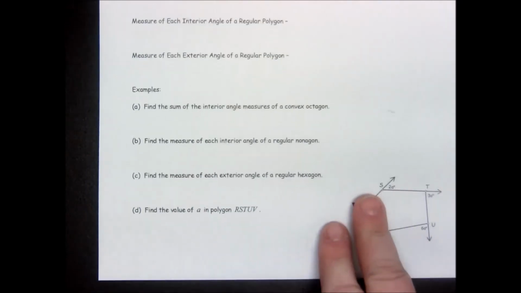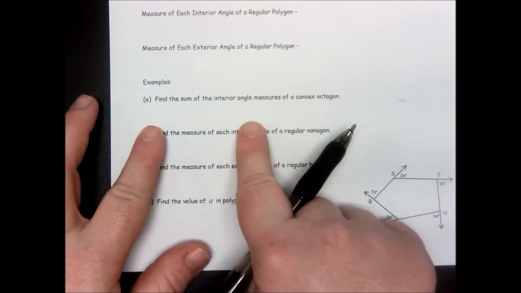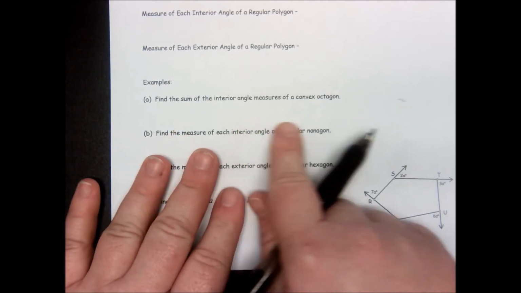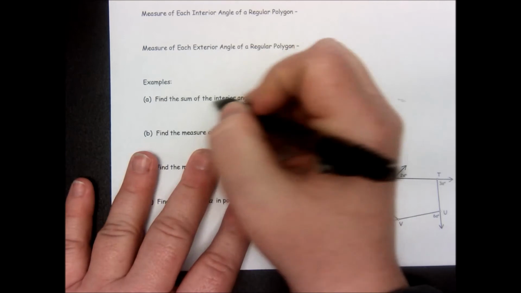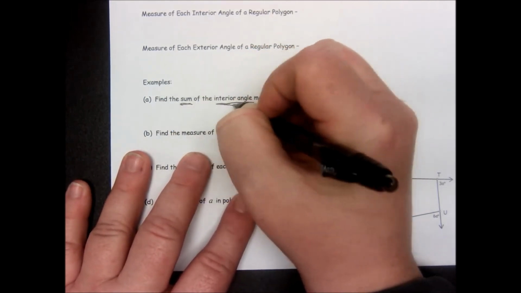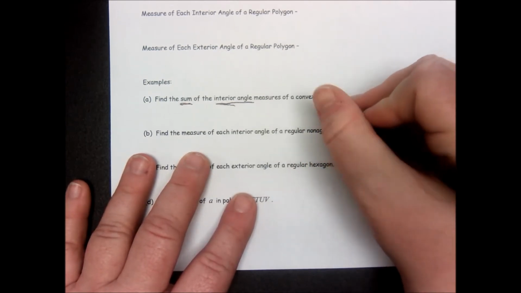So let's look at some examples. Example A says, find the sum of the interior angle measures of a convex octagon. So I'm finding the sum of the interior angles, and it's convex, which means none of the diagonals are on the outside, octagon.